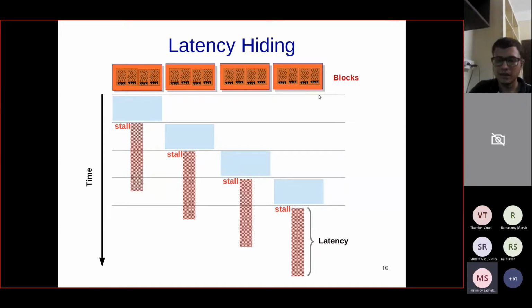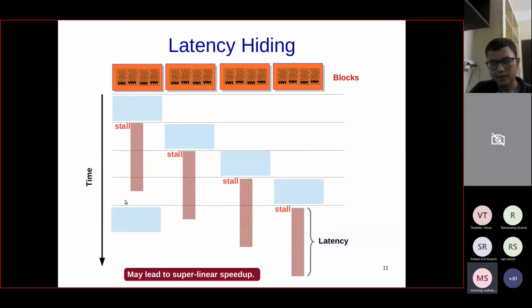But it might happen that meanwhile, as the streaming multiprocessor has finished the computation of the fourth block, the IO operation of the first block might be finished, and it might start executing its part again. So the streaming multiprocessor might pick up this first block and start executing it.